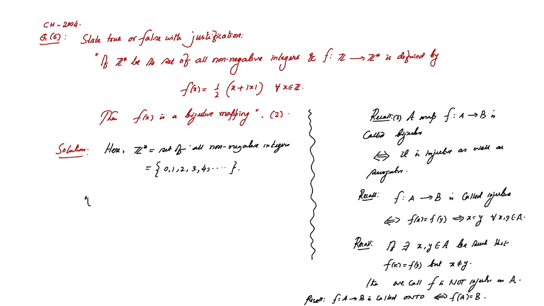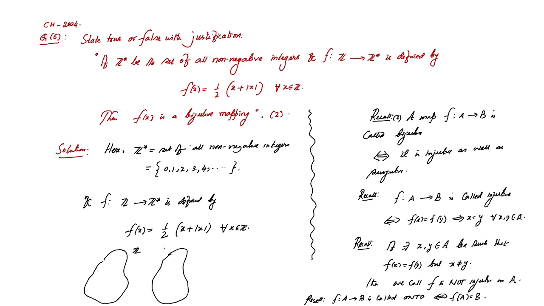And it is also given f is a map from Z to Z star defined by f(x) equals half of (x plus mod x) for all x belongs to Z. Now let's check here.